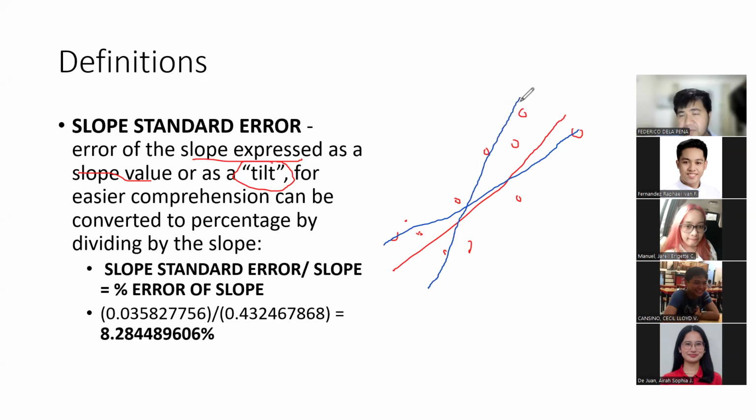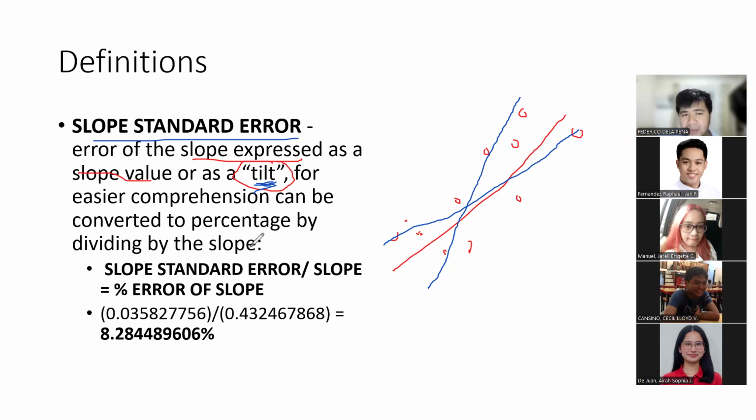You can sort of tilt your regression line, and whatever tilt you need to perfectly fit your data would be your slope standard error.